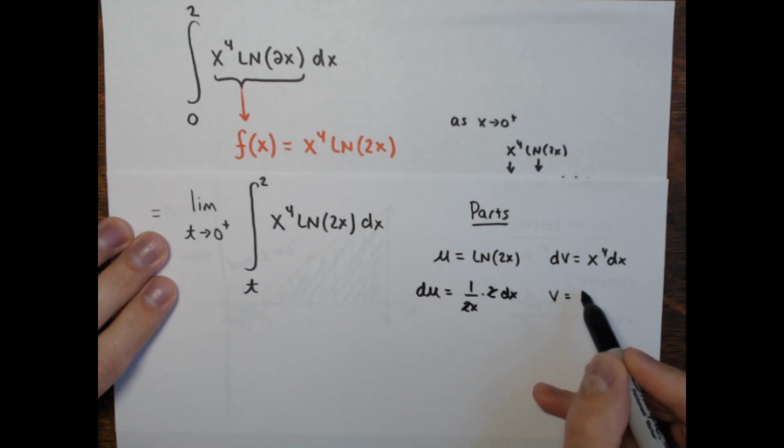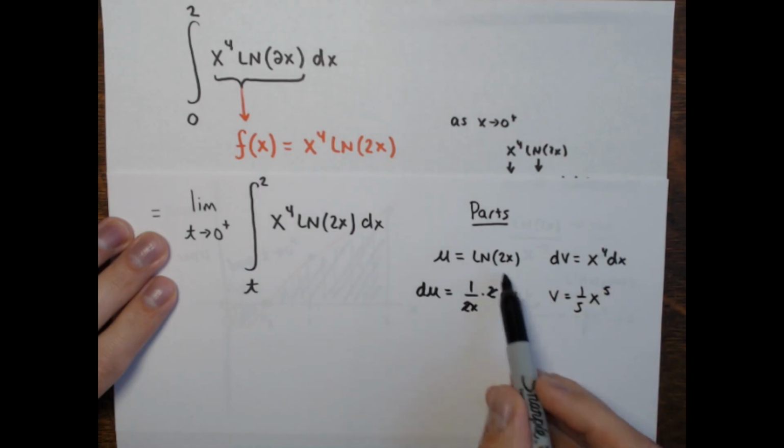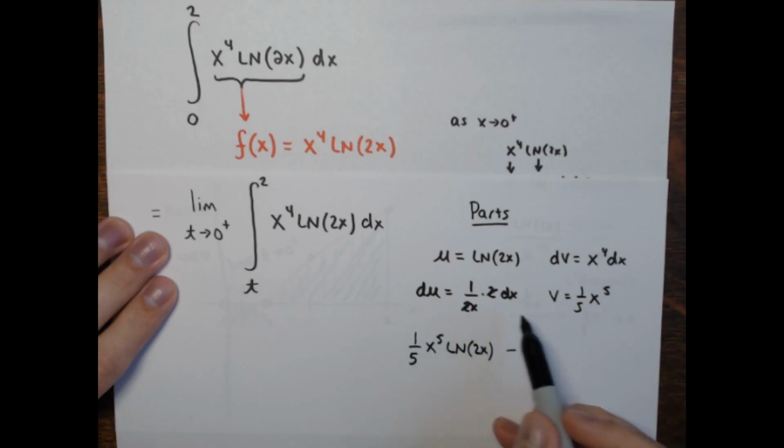And then v would be 1/5 x to the fifth, right? And so we have 1/5 x to the fifth times the natural log of 2x, and then minus the integral of v du.